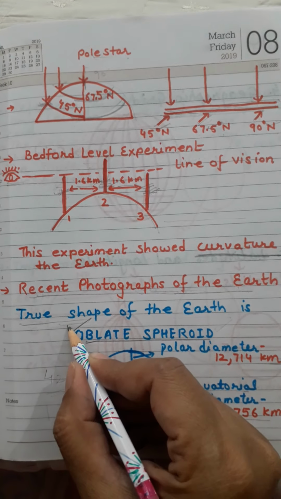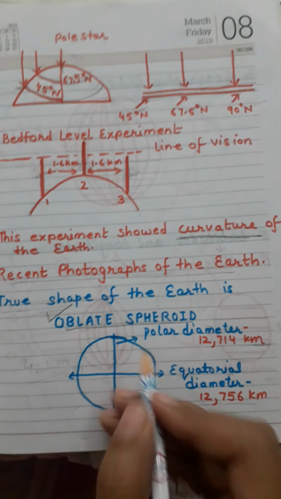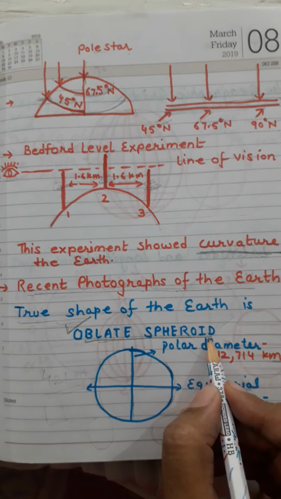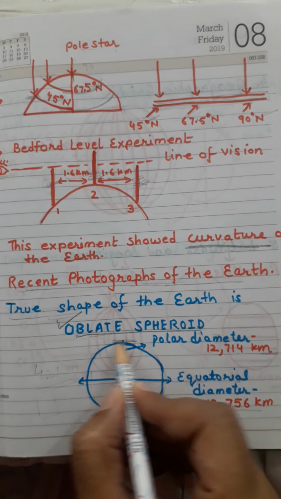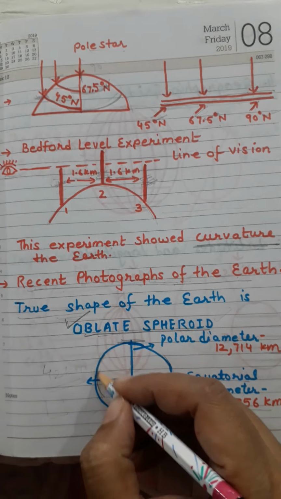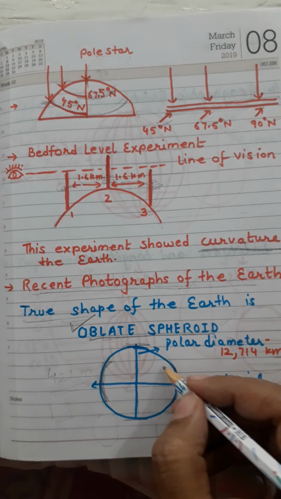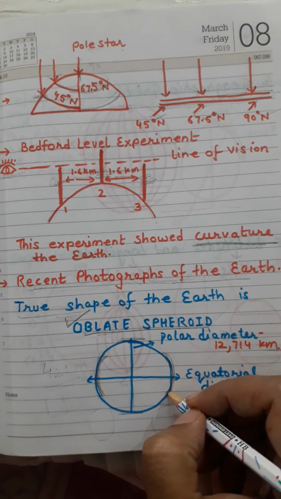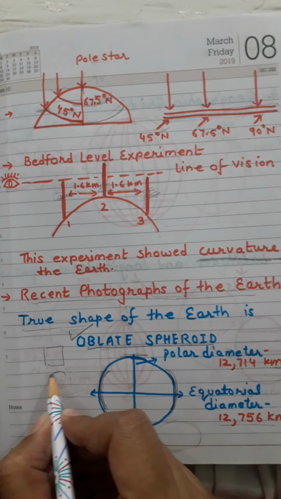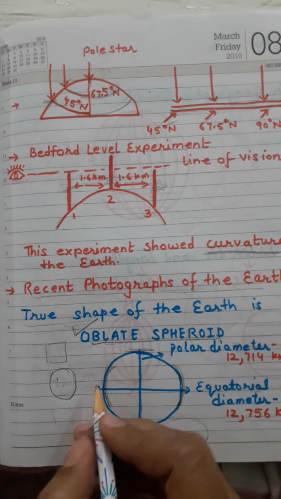That is oblate spheroid. Now we have to learn what an oblate spheroid is. Oblate spheroid means the earth is flat at the poles and bulges, bulges means curves, toward the equator. We cannot say the earth is flat or the earth is circular.